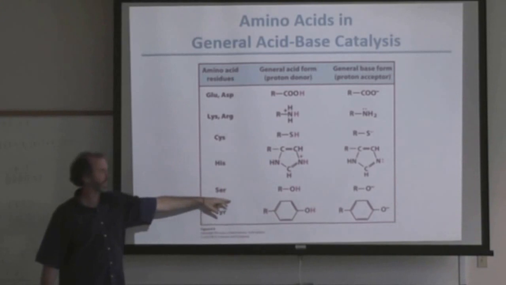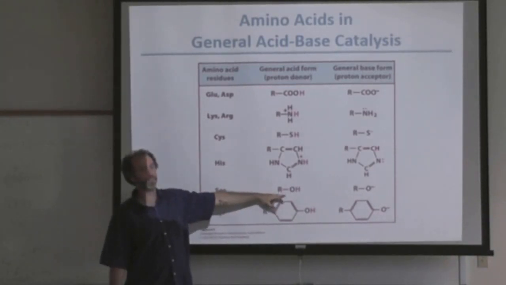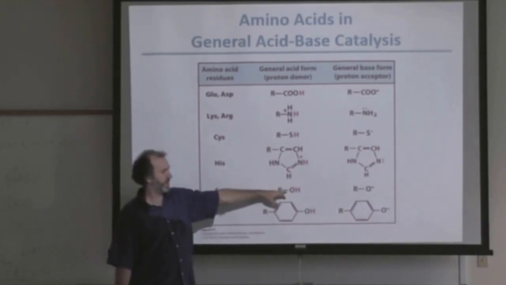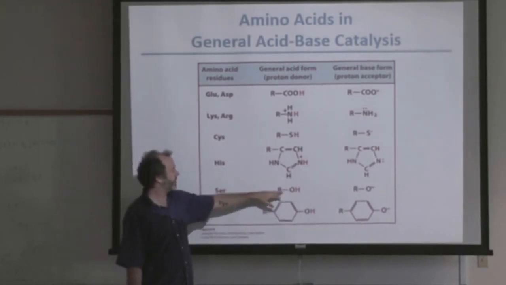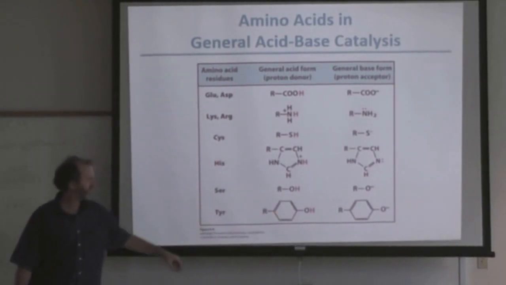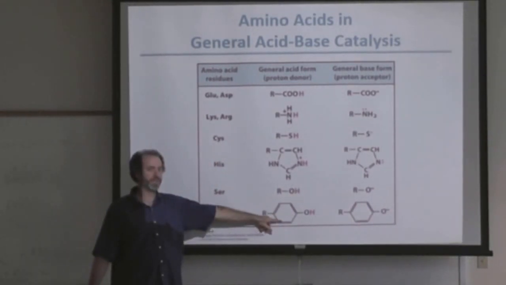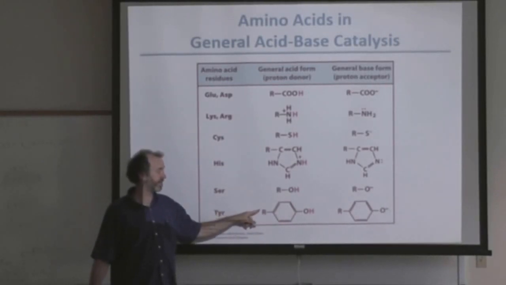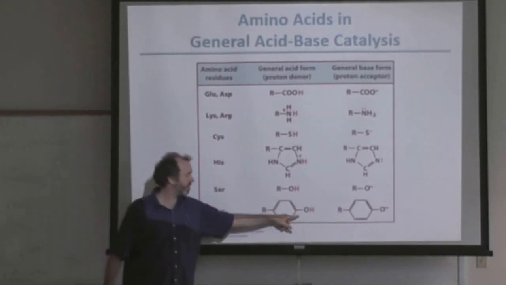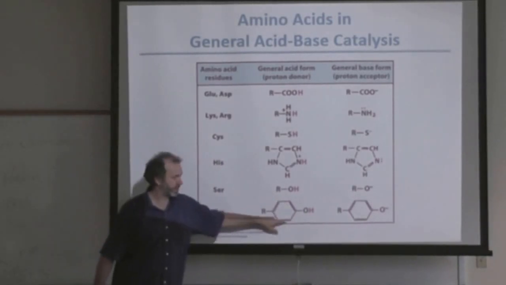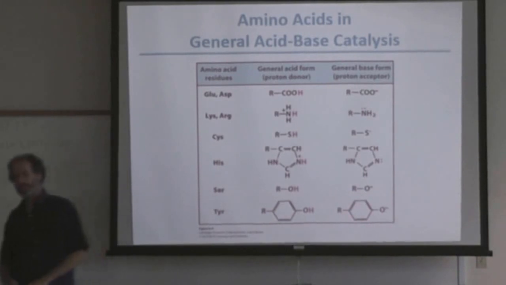Serine, normally you don't think of alcohols as acidic, right? But in serine proteases, serine itself gives up this proton. Tyrosine, phenol is an acidic compound, right? And tyrosine is actually more acidic than phenol itself, so it can give up that proton. Remember, the negative charge gets stabilized by the aromaticity.